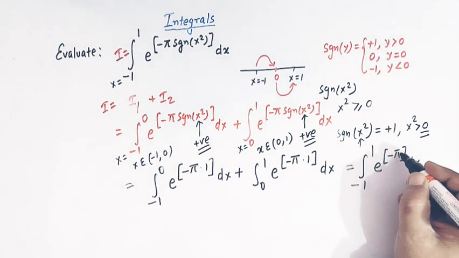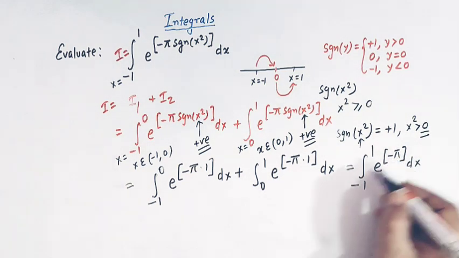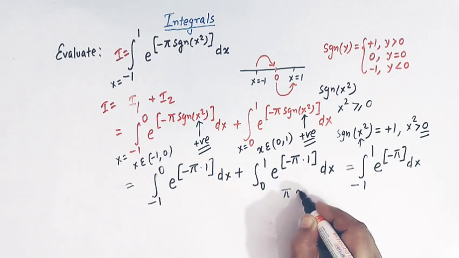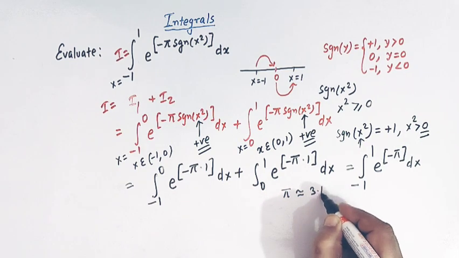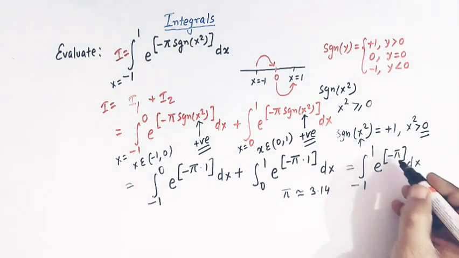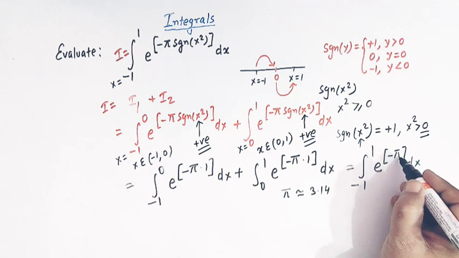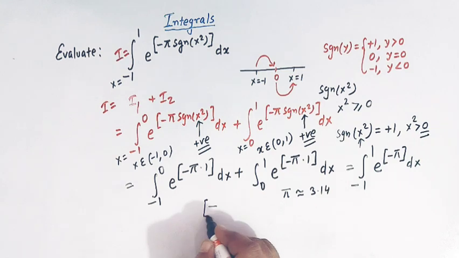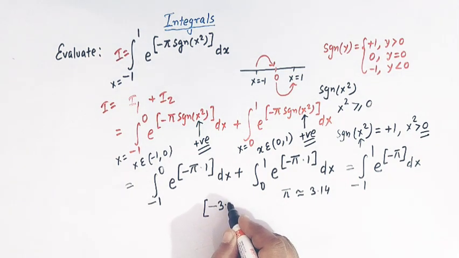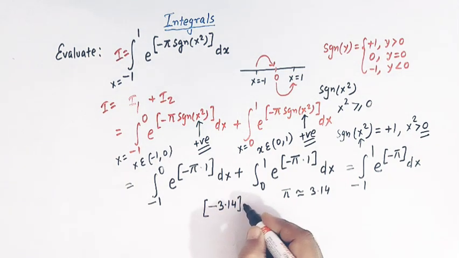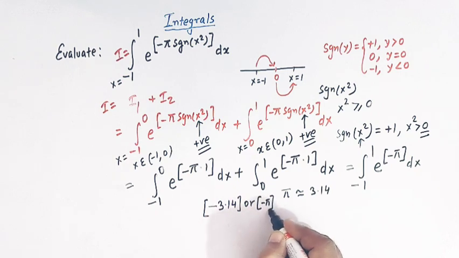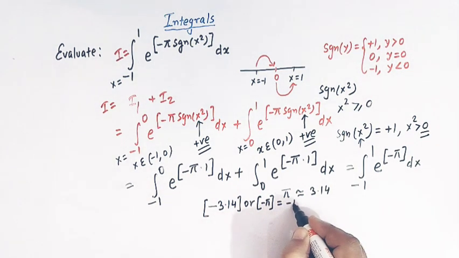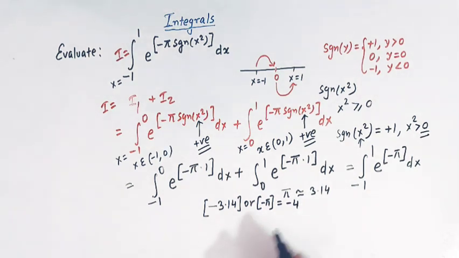Now the approximate value of pi is 3.14. The greatest integer of minus 3.14, which is the greatest integer of minus pi, is equal to minus 4, by the definition of the greatest integer function.